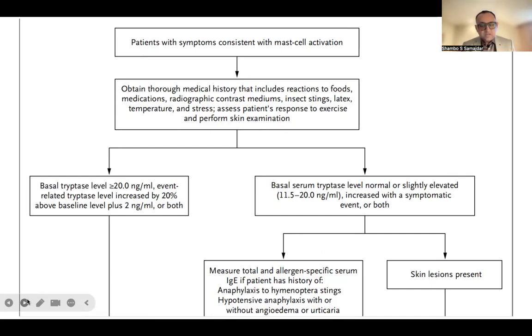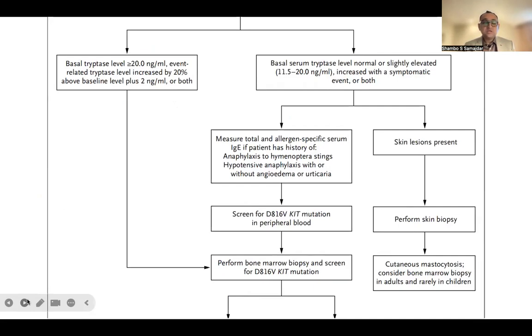But then also, if the basal serum tryptase level is normal, less than 10, or slightly elevated, between 10 and 20, increased with a symptomatic event, or both, then we need to do something more that I'm coming to later. The other possibility could be the basal tryptase level is more than 20 nanogram per ml, and the event-related tryptase level increased by 20% above baseline level plus 2 nanogram per ml, or both.